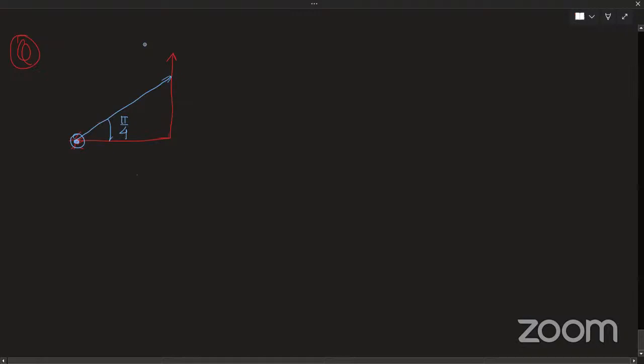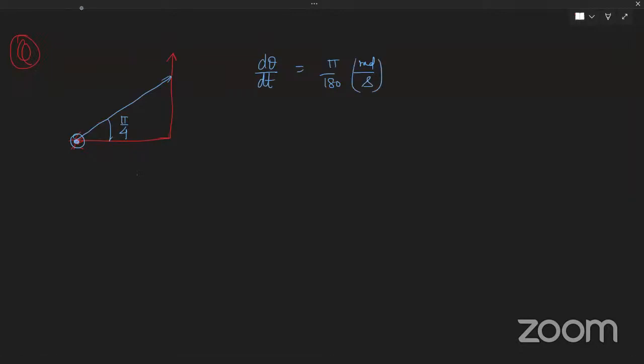He is telling that the rate of change of this angle, if I assume it to be theta, is some value, say pi by 180 radian per second.